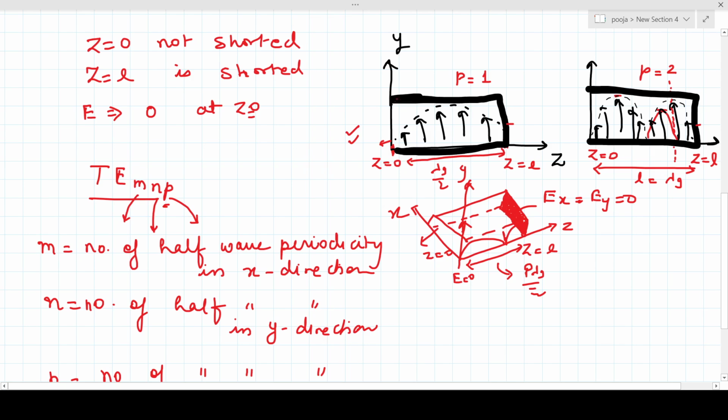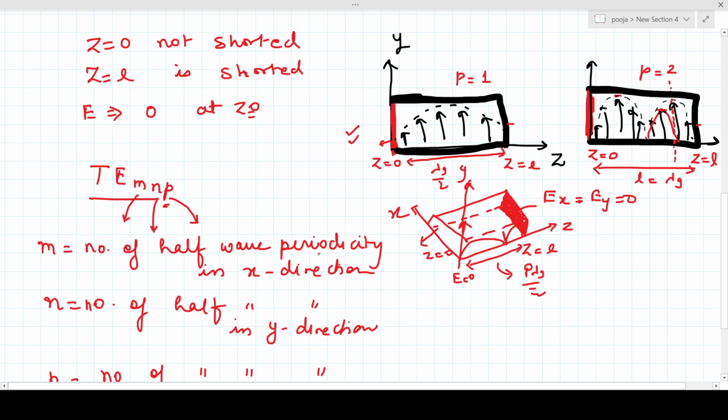So if we put a metal wall here also, this would not disturb the standing wave pattern, and it will appropriately follow the boundary conditions too, because we are allowing the signals which are null at z equal to 0, and they will eventually become null at z equal to L, because we have considered the length equal to a multiple of lambda g by 2. So if we put a metal wall here, it will not disturb any standing wave pattern.